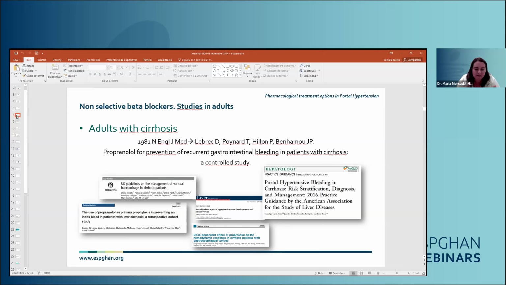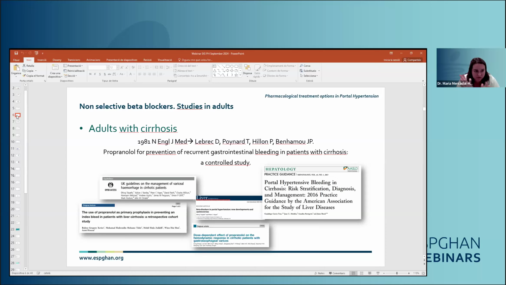And since then, you can see a huge number of studies on using propranolol as primary prophylaxis, as secondary prophylaxis, using it on its own or with endoscopies, and in cirrhosis that are actually compensated or decompensated.